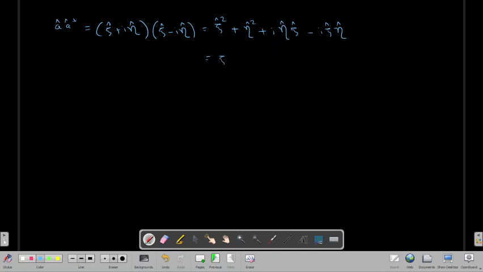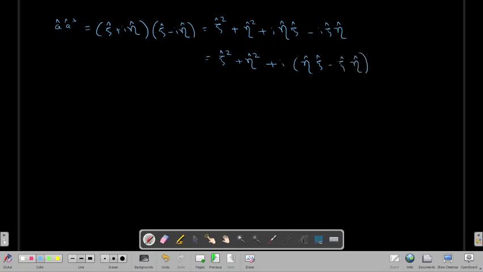So this will be equal to xi square plus eta square, plus I take common, then I can write eta into xi minus xi into eta.